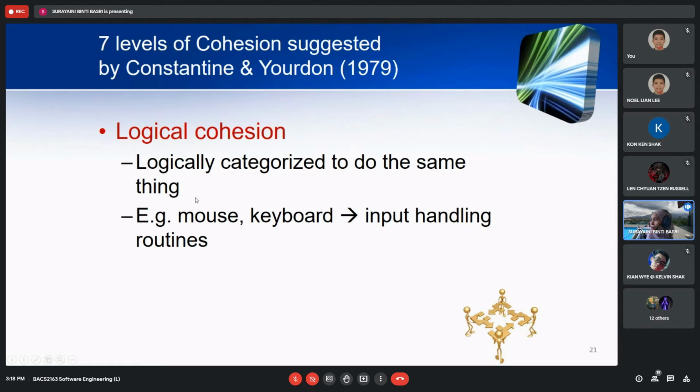Because this type of component is responsible for input in our system, but like I said just now, just assume that in terms of your system, mouse and keyboard are not related to each other, but because they are handling input, you categorize them based on this logic, meaning to say that your logic to categorize them is not correct here.